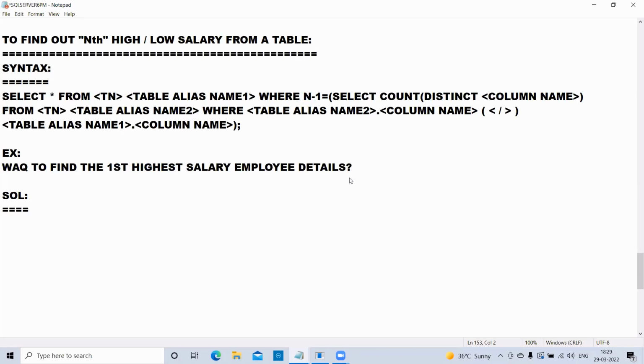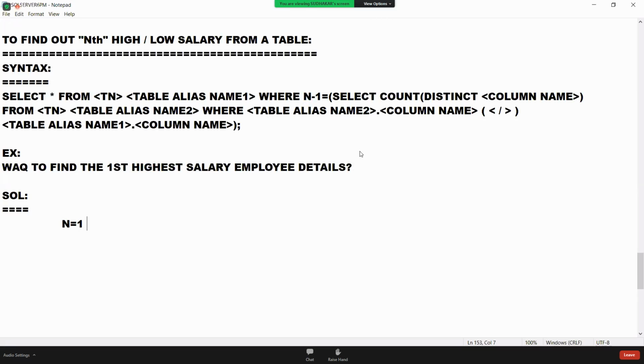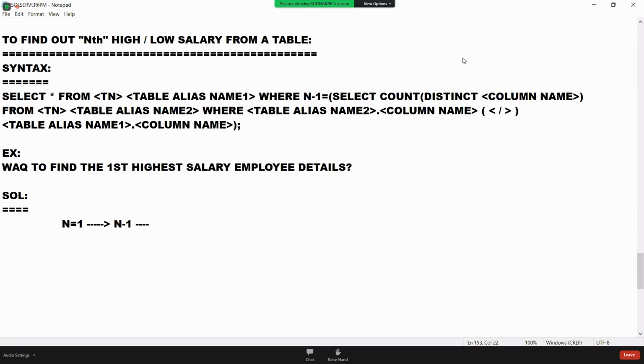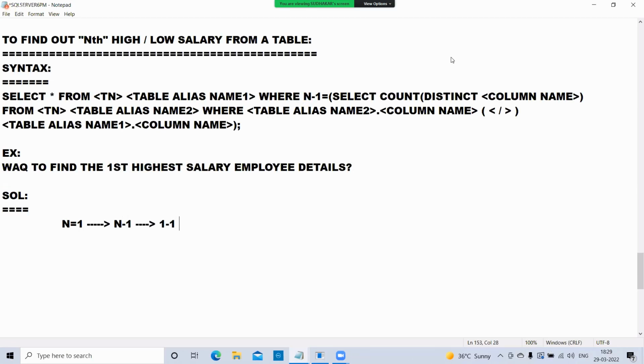I substitute the n value in the formula n minus 1, so 1 minus 1 is equal to 0. This is very simple. The n value is which highest salary you are finding.